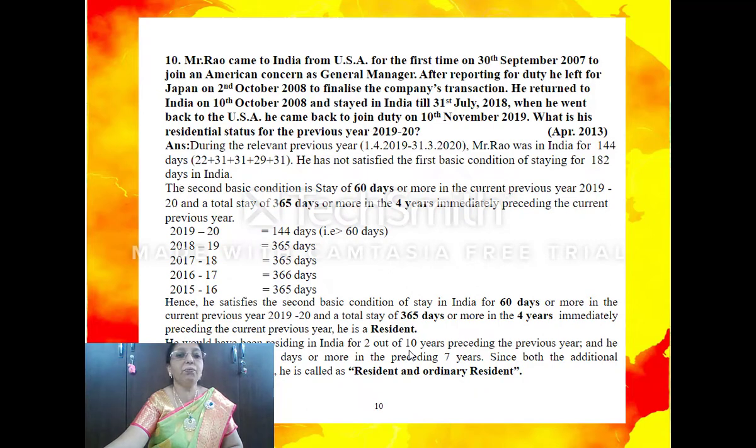Then 730 days: actually we should go for 7 years, but in the 4 years itself he has 730 days. So by fulfilling the second additional condition also, he fulfills both the additional conditions. So he becomes a resident and ordinarily resident.